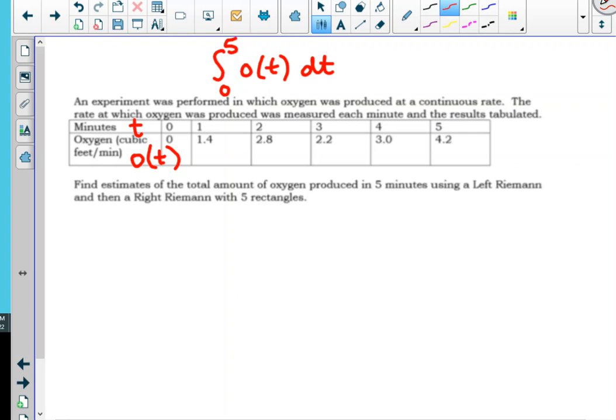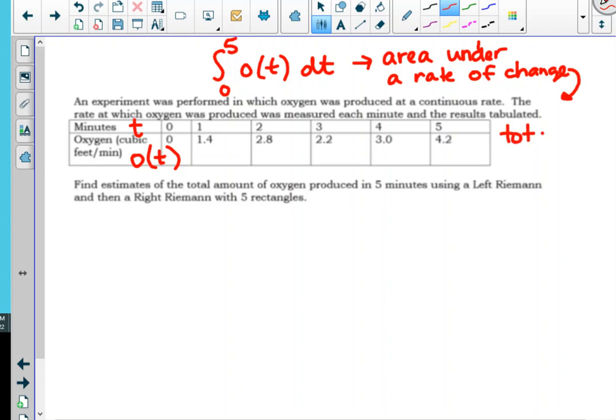Since the O of t function is, in this case, a rate of change, we'll be calculating the area under a rate of change function, and what that will give us is a total, an accumulation of change.